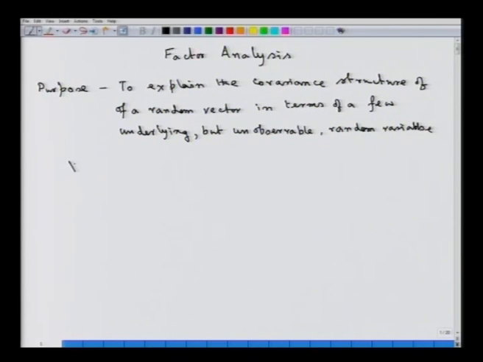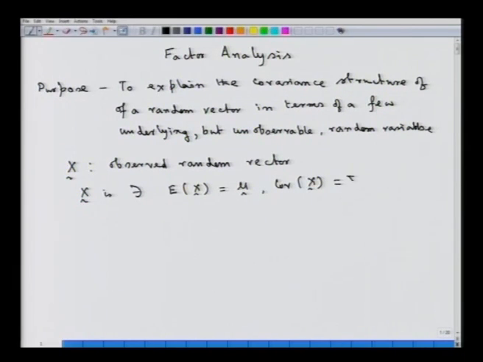Suppose we have x, the original observed random vector, such that the expectation vector of x is mu, and the covariance matrix of this random vector x is sigma. We assume as before that sigma is positive definite. Factor analysis is concerned with this variance covariance structure sigma, and it tries to explain it in terms of a few underlying but unobservable random variables.